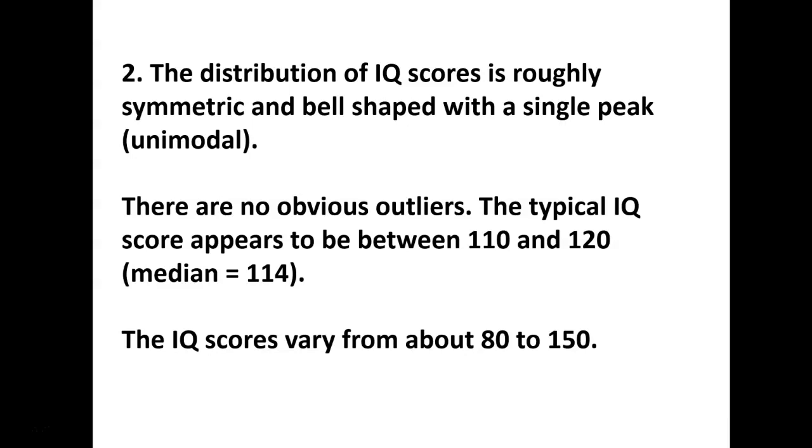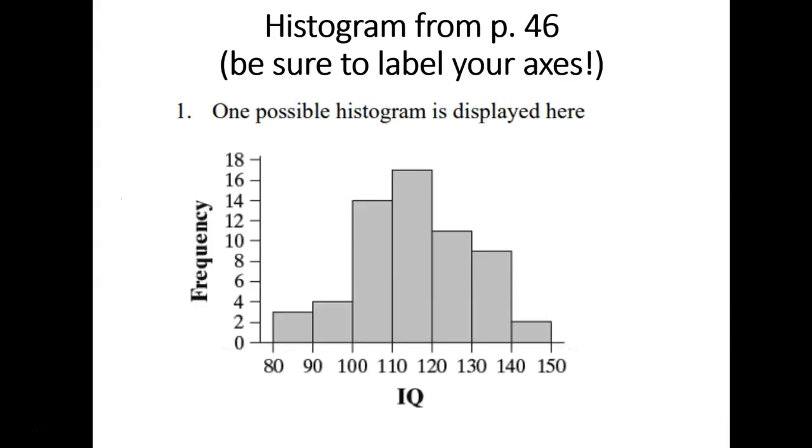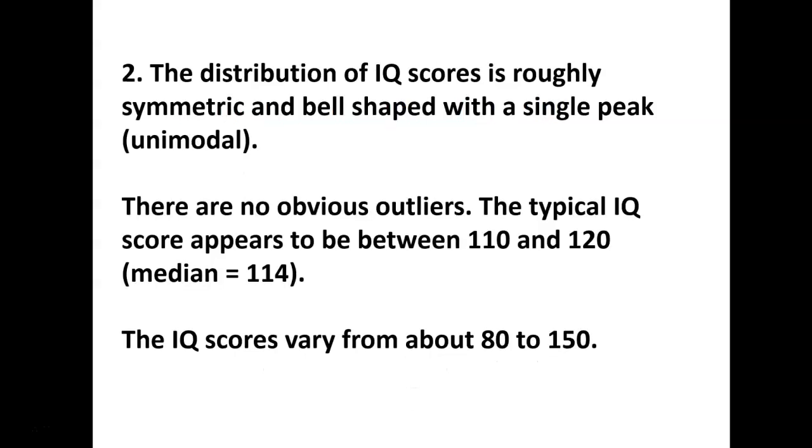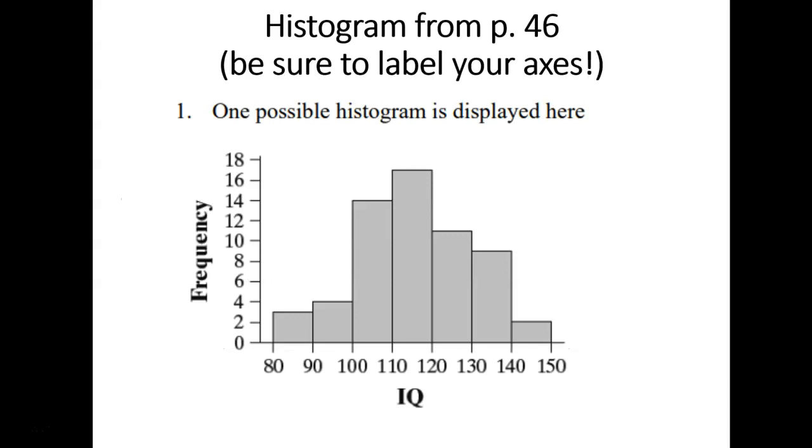So the distribution description here: it does look pretty symmetrical and bell-shaped. It has a single peak, and that would be in the 110 up to 120 range. There are no obvious outliers. The typical IQ score appears to be between 110 and 120. And they reference the median. Now, again, you could do the little count.